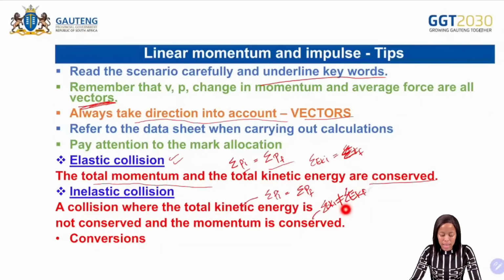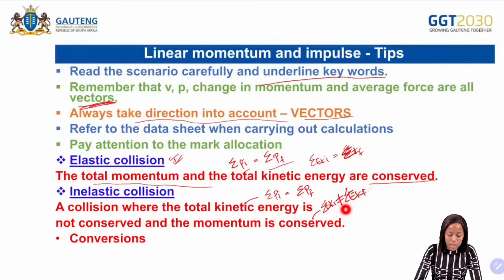So for the last time, in an elastic collision, the sum of the momentum before the collision is equal to the sum of the momentum after the collision. But in terms of the kinetic energy, the sum before the collision is not equal to the sum after the collision.